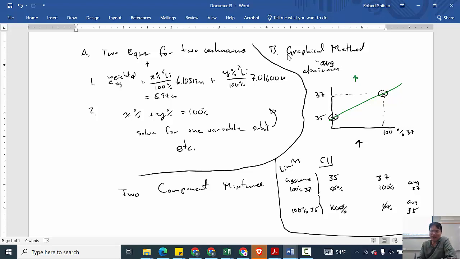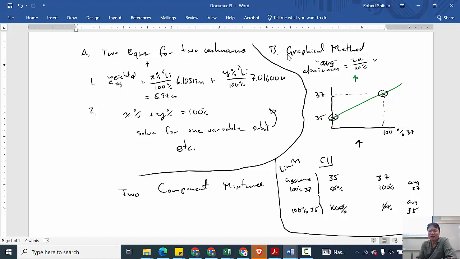People just forego the average and just call it the atomic mass. The atomic mass is equal to the slope. What is the slope? Delta y, which is going to be 2u, over delta x, which is going to be 100%, times the percent 37.